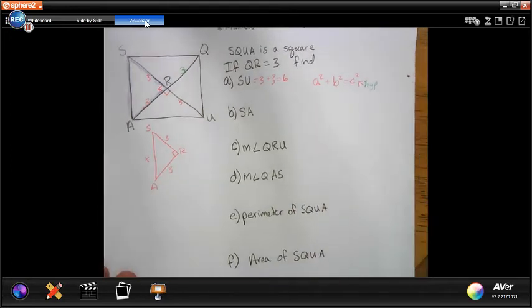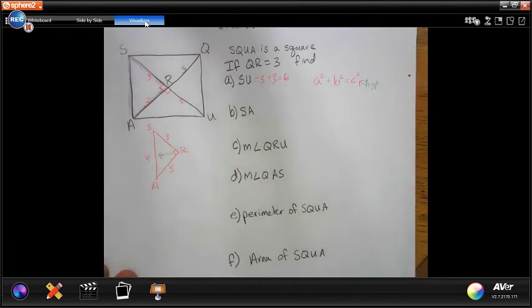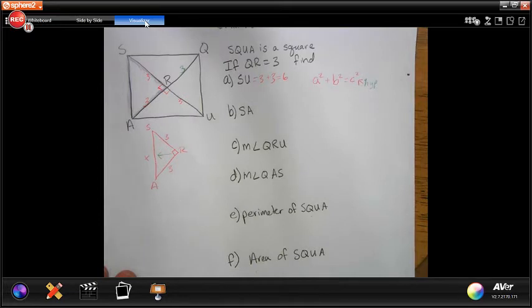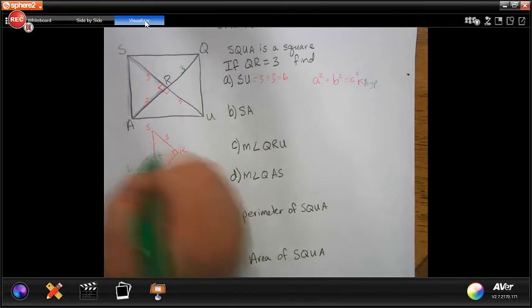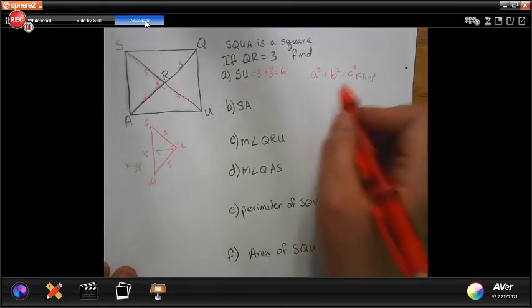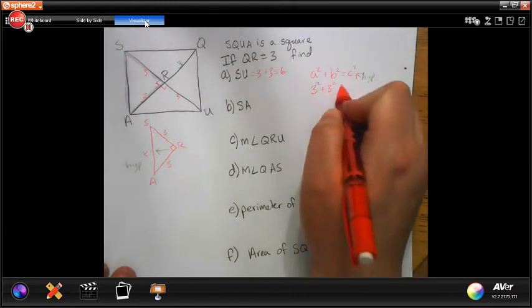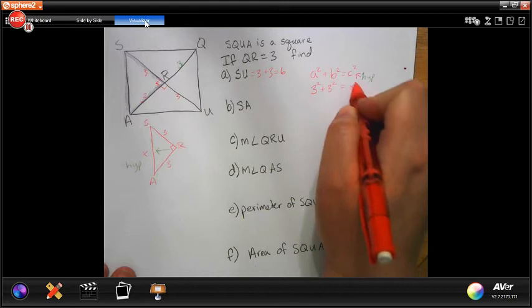Remember, the hypotenuse is away from the right angle. The right angle points to the hypotenuse, so our hypotenuse is out here. For the other 2 sides, it doesn't matter which is a and which is b. They're the same thing anyway. 3 squared plus 3 squared equals x squared.